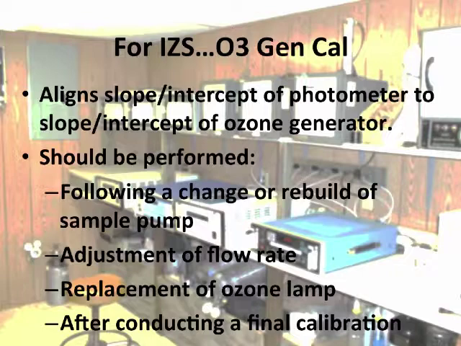What it does is align the slope and intercept of the photometer to the slope and intercept of the O3 generator for when it generates the ozone for your checks. You should be performing those following the change or rebuild of a sample pump, after a major adjustment of the flow rate, if you replace the lamp, or after conducting your final calibration.